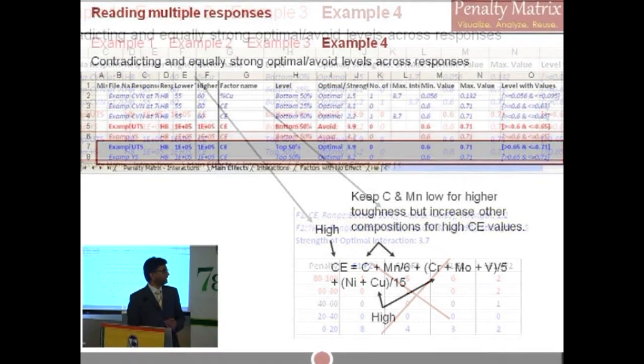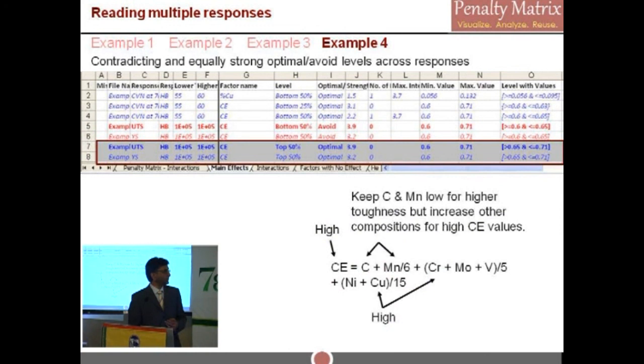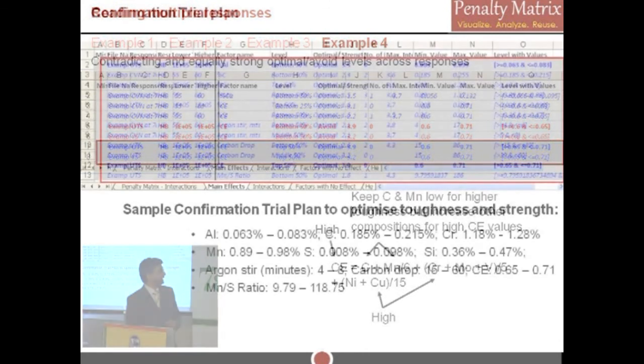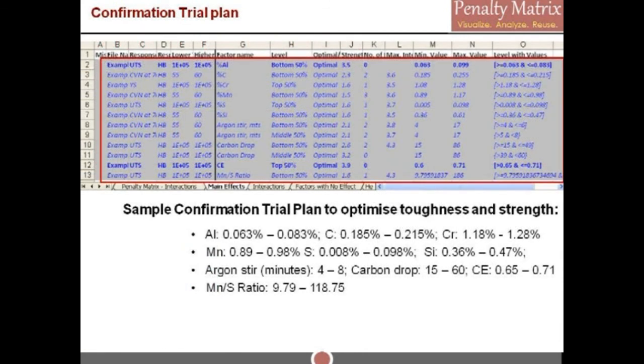We're keeping these two parameters low, which has a significant impact on carbon equivalent, but we look at the interactions as well, which will minimize those defects. Then we chose copper and chromium to increase along with aluminum and other composition because they conflict with each other anyway. So we decided to tweak those processes and come up with this confirmation trial plan.